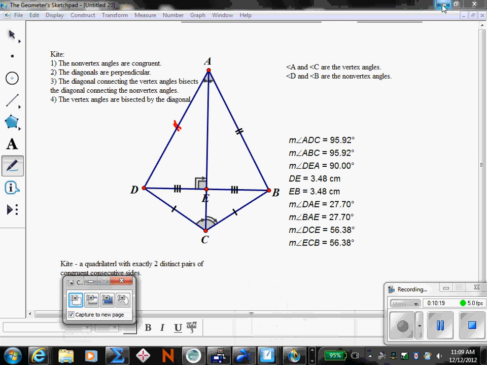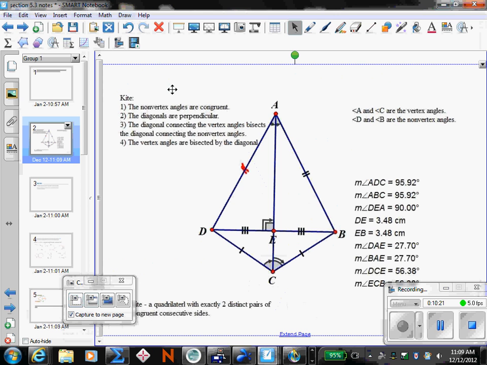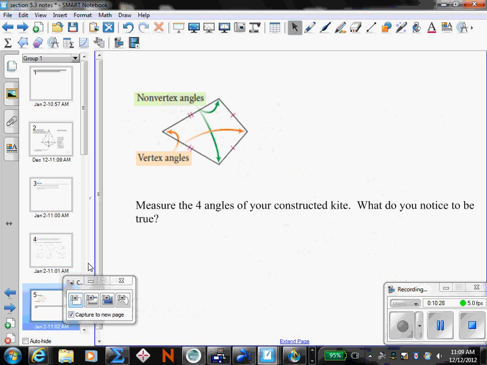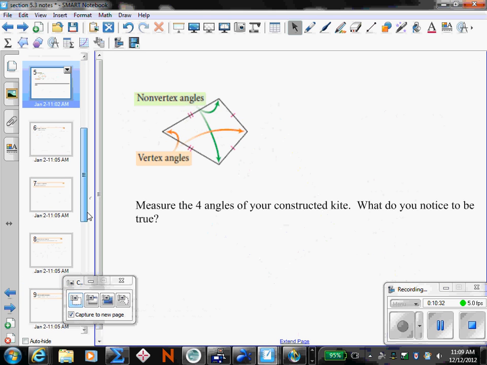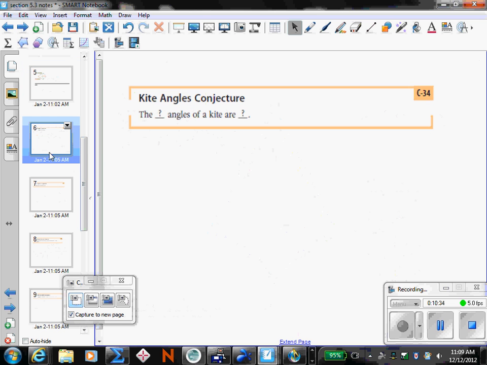Okay, and then we have to fill in the 4 conjectures. There's a picture of a kite. Okay, so here's our conjectures. The blank angles of a kite are blank.